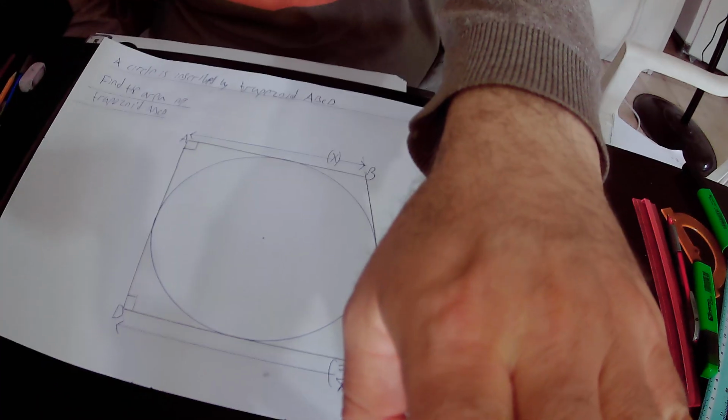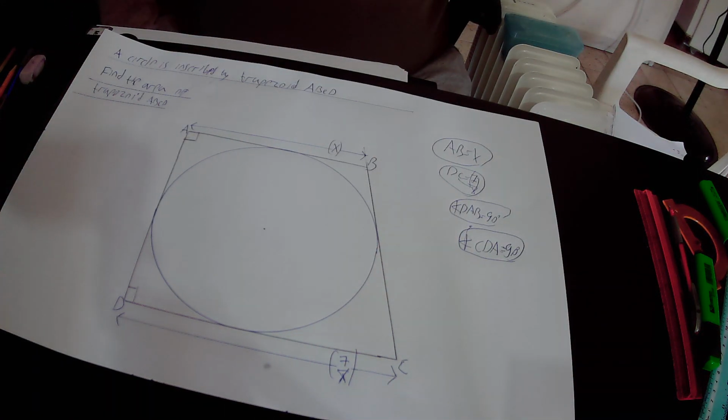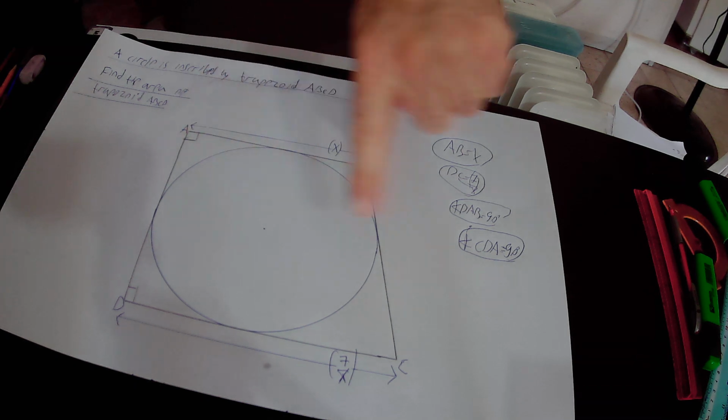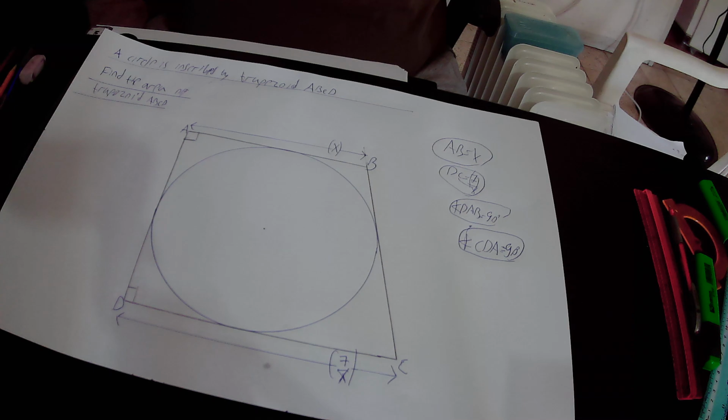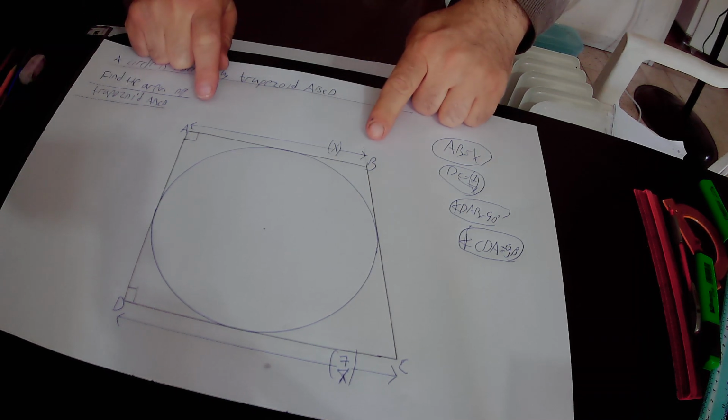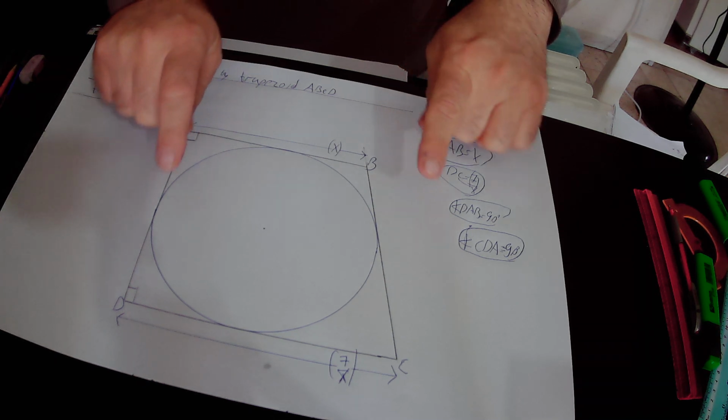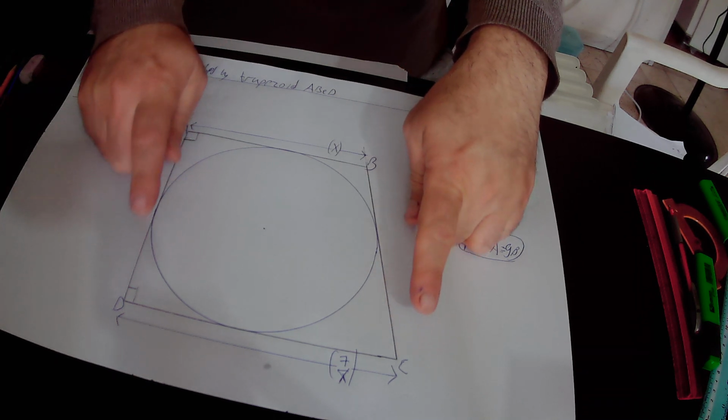Hello, in this lecture we'll find out the area of trapezoid ABCD. In the drawing we have a circle that is inscribed by this trapezoid ABCD. In addition, you know that side AB of the trapezoid is equal to x, side DC equals 7 over x.